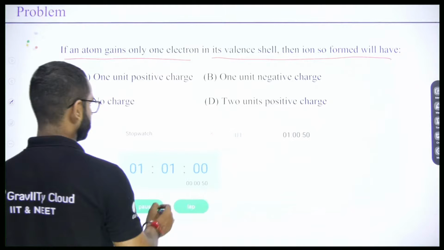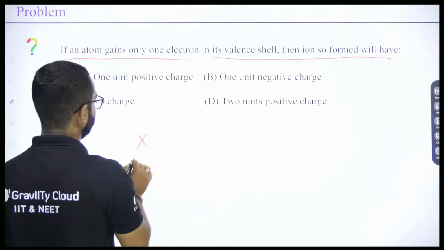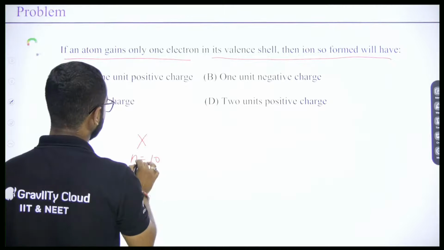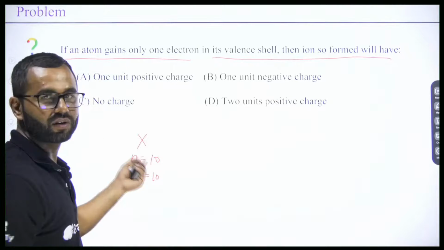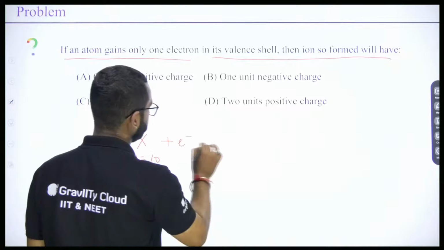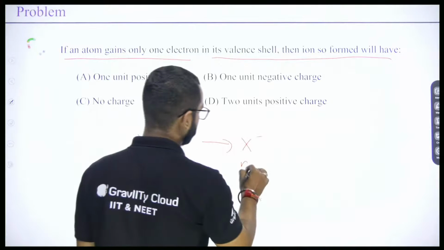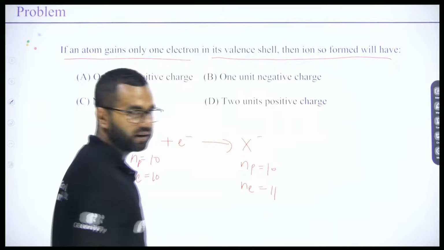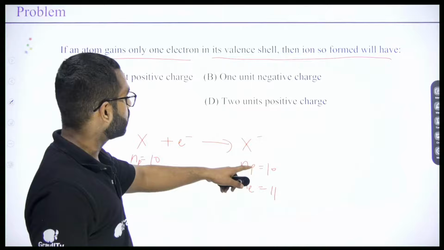So if atom gains only one electron, suppose this is the X atom, which has number of protons equal to 10, number of electrons equal to 10. Neutral atom, let's say. It gains one electron, it will form X minus, right? X minus has number of protons equal to 10, but number of electrons equal to 11. So you see, proton is 10, electrons is 11.